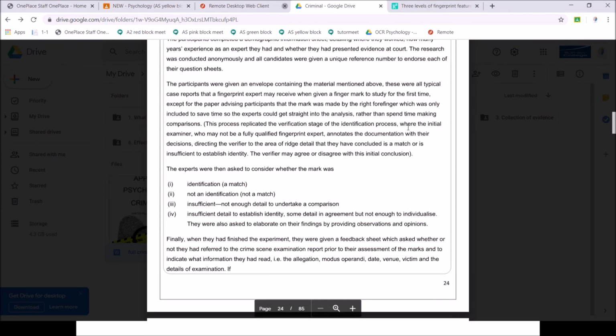But essentially, what they had to do was decide upon several factors.